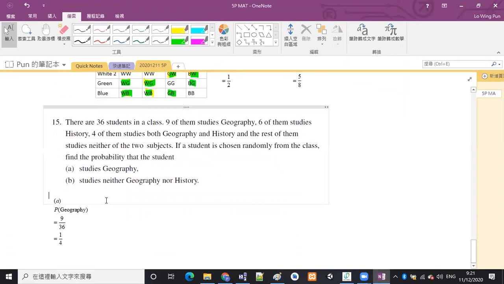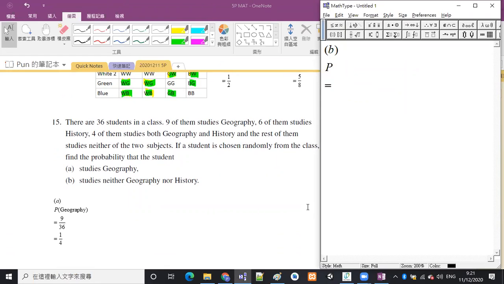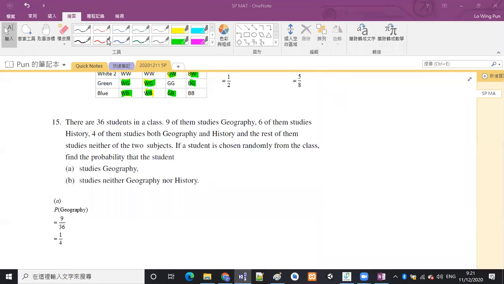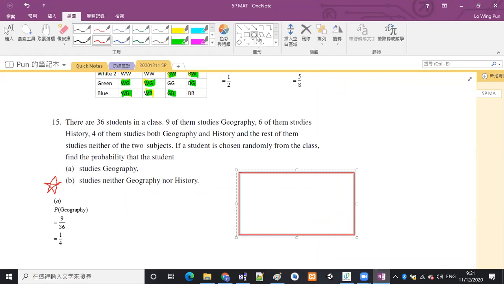直接俾咗你嘅呢個。好啦，跟住 Part B。Okay, this is a probability, and there are 36 students, and it studies neither geography nor history. 好啦，又冇讀 geography，又冇讀 history 嘅。呢度咧打粒星落去啦。呢一題啊。好，咁我呢度咧畫少少嘢，大家一齊畫少少嘢先。This one is studying geography.